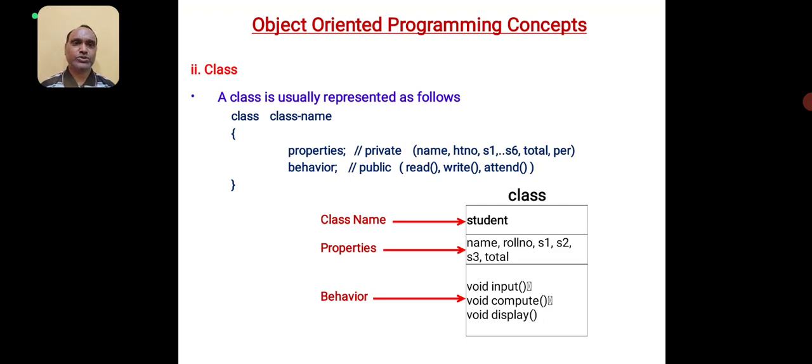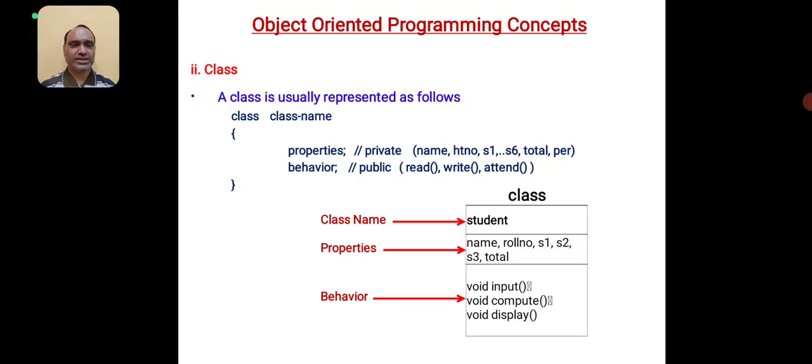They are represented using methods like read method, write method, attend method, listen method. Just now we discussed the student object. A student object is associated with student name, hall ticket number, branch of study, year of study, subjects, and then total marks, percentage.